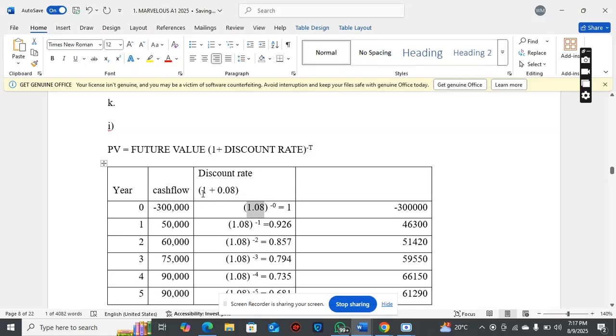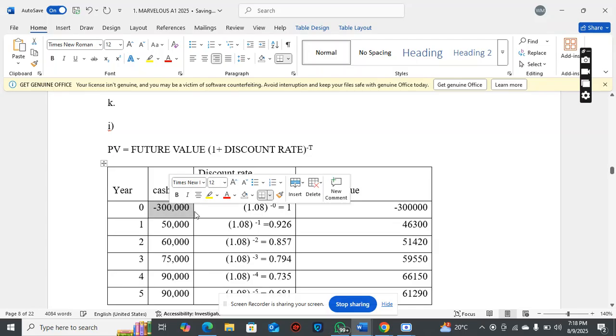In year 0, you raise it to the power negative 0, that is 1. To get your present value, you just multiply the cash flow and the discount factor. So negative 300,000 times 1, you get negative 300,000.